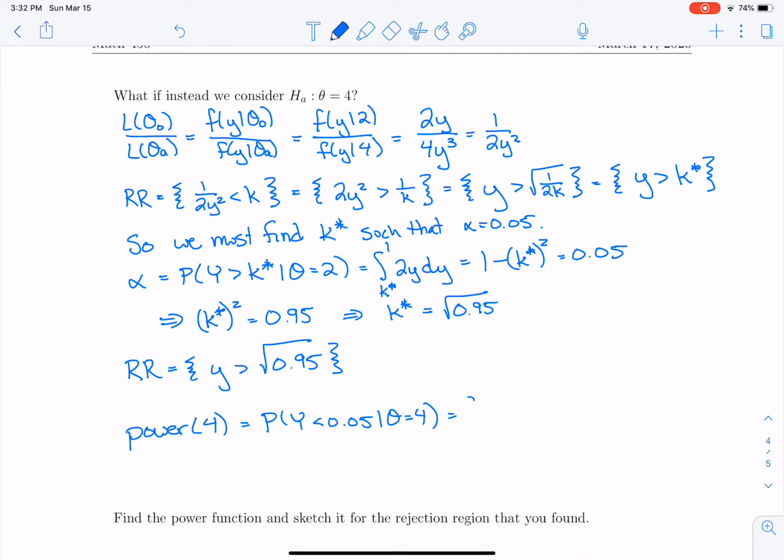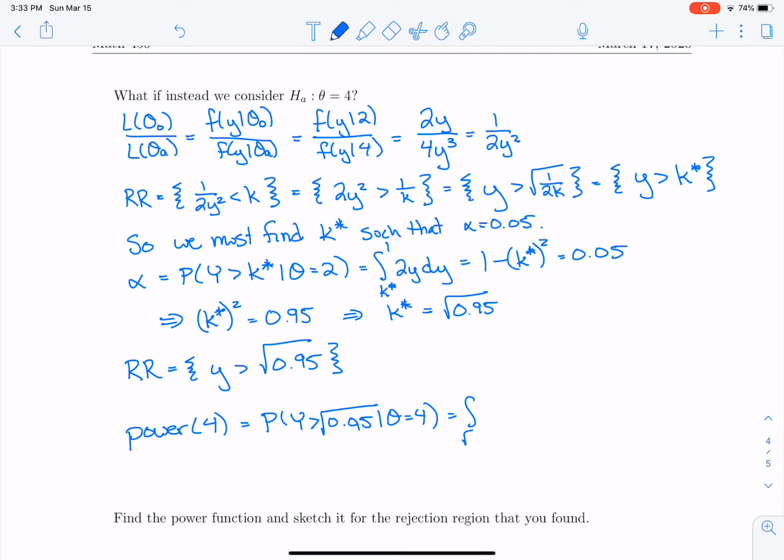Well, that's the probability that y is less than, I apologize. That is the probability that y is greater than the square root of 0.95, given that theta equals 4.